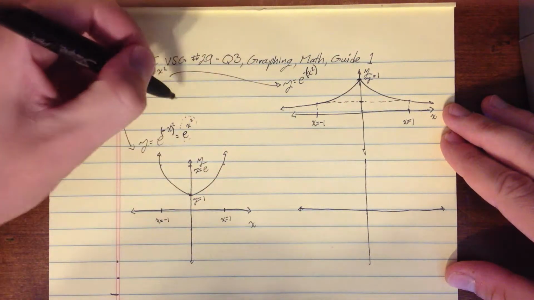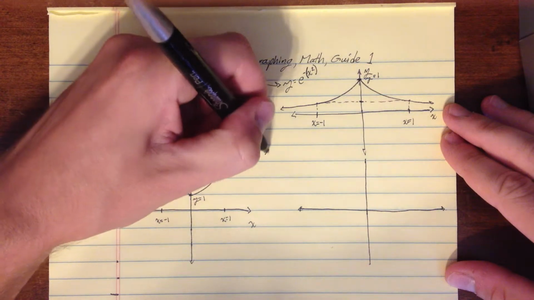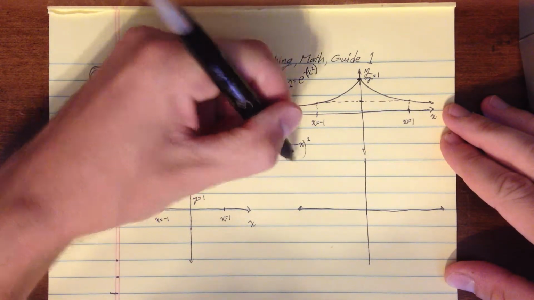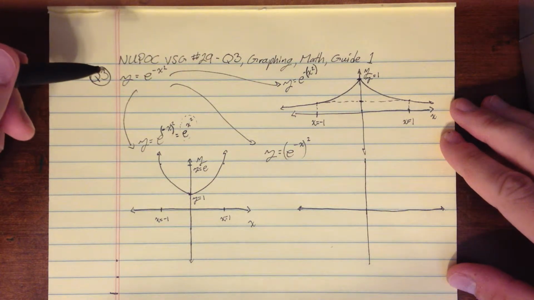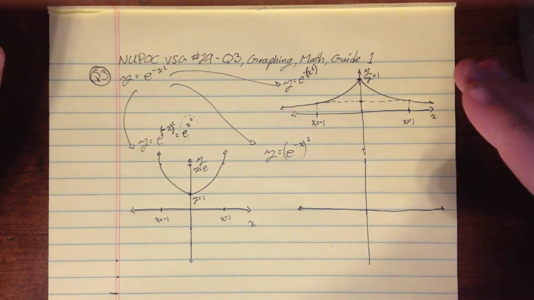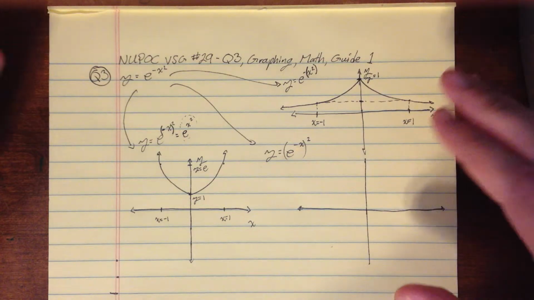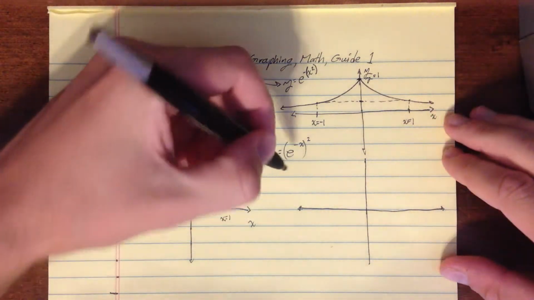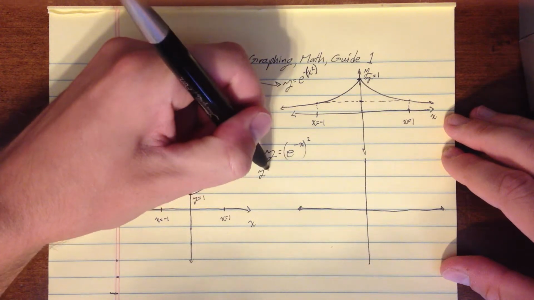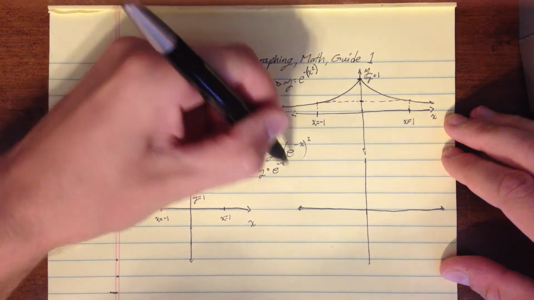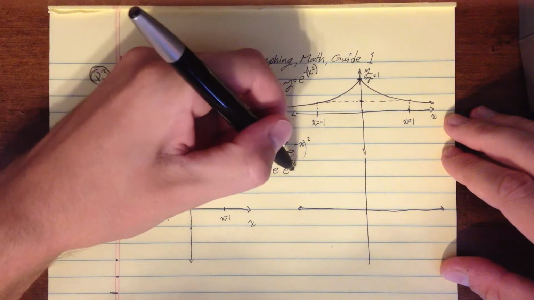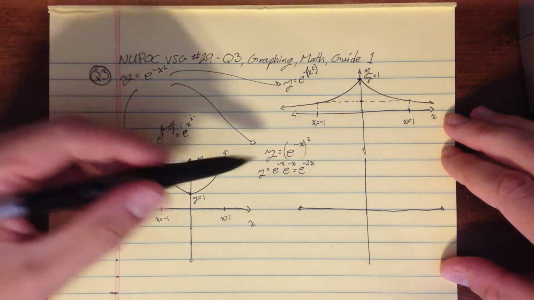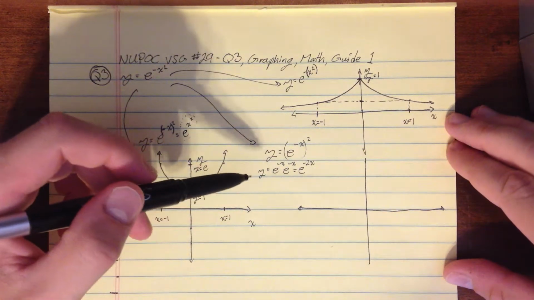Let's look at this last one. Let's look at if you said y equals (e to the minus) x, quantity squared. I could kind of see maybe someone saying, well, you could do this. This is okay, but really, it's not. It's a completely different function. So this is really y equals e to the minus x, squared, so this is really just e to the minus 2x, which is a completely different function.